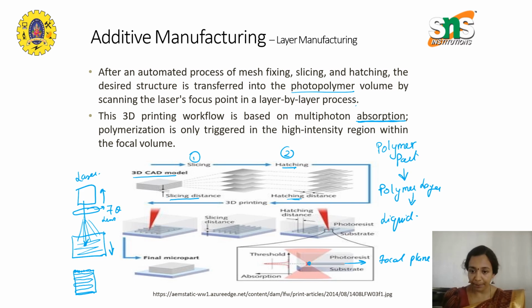Liquid will be applied, and a focal plane will be there. The final micro part will be designed. There will be a threshold limit and absorption of the photoresist. So this is the complete process in 3D printing. This 3D printing workflow is totally based on photon absorption and polymerization.